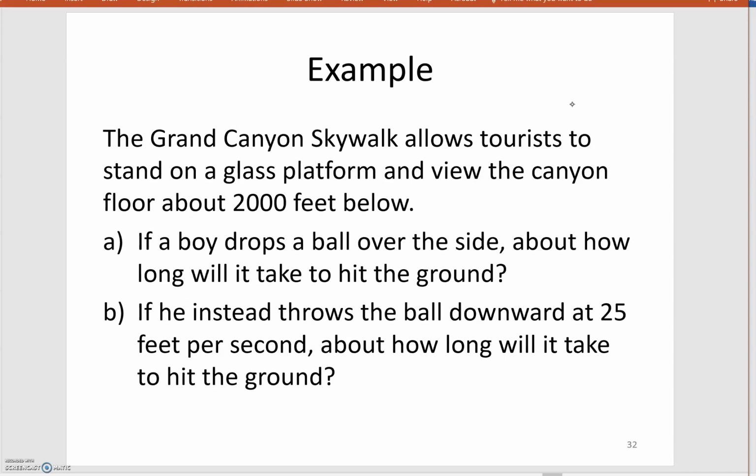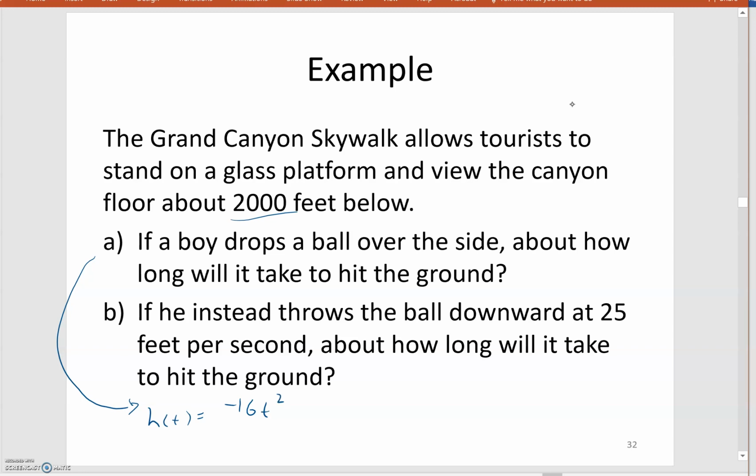The Grand Canyon Skywalk allows tourists to stand on a glass platform and view the canyon floor 2,000 feet below. If a boy drops a ball over the side, about how long will it take to hit the ground? All right, if he drops the ball, then his model for the height of the ball at time t, by the way, you should not do this, but if you did, your model would be negative 16t squared.